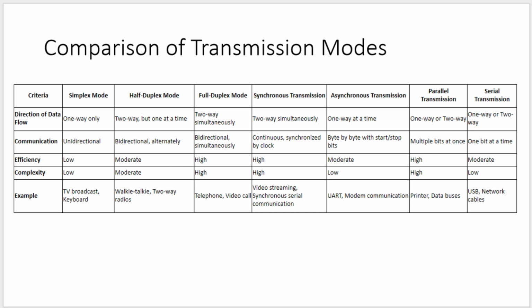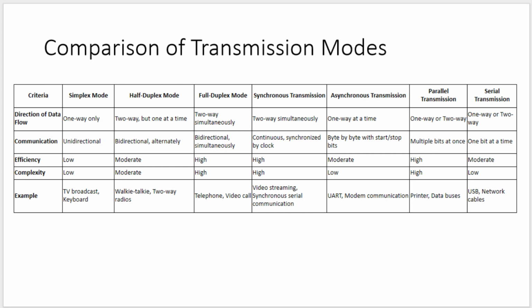And for communication, simplex mode is unidirectional, half-duplex bidirectional alternately, and full-duplex bidirectional simultaneously. Synchronous transmission is continuously synchronized by clock, and asynchronous is with start and stop bits. Parallel is multiple bits at once, and serial one bit at a time.